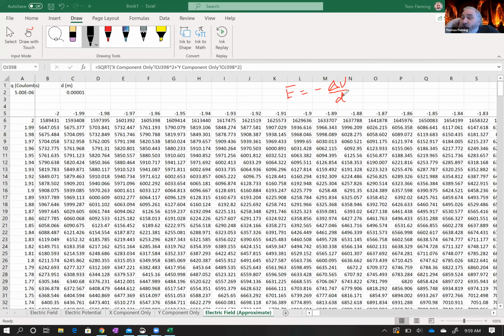And for a point charge, the field is definitely not uniform. Now, let's compare what we see on this approximation sheet to what we saw when we did it the real way for the first sheet.